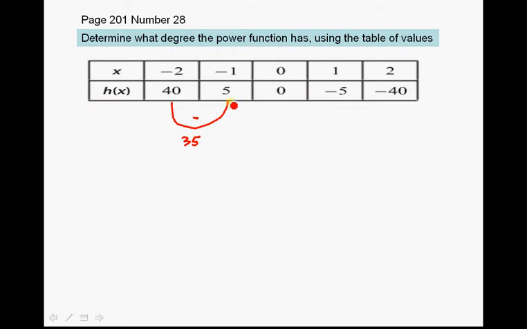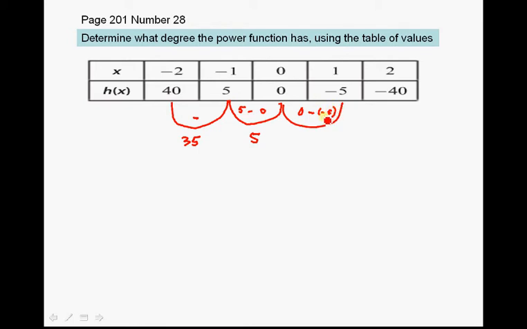Okay. Then we're going to do the same thing here. We're going to do 5 minus 0, right? What was 5 minus 0 equal to? 5 minus 0 is just equal to 5. Then we'll just keep on going like this, and we'll go 0 minus, now remember this is a minus 5.